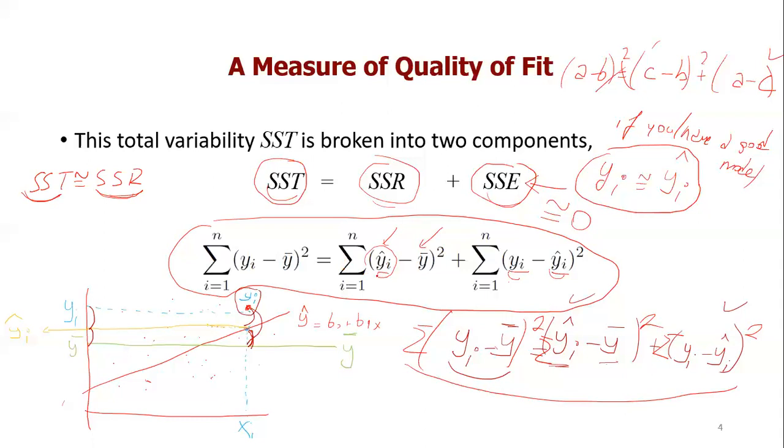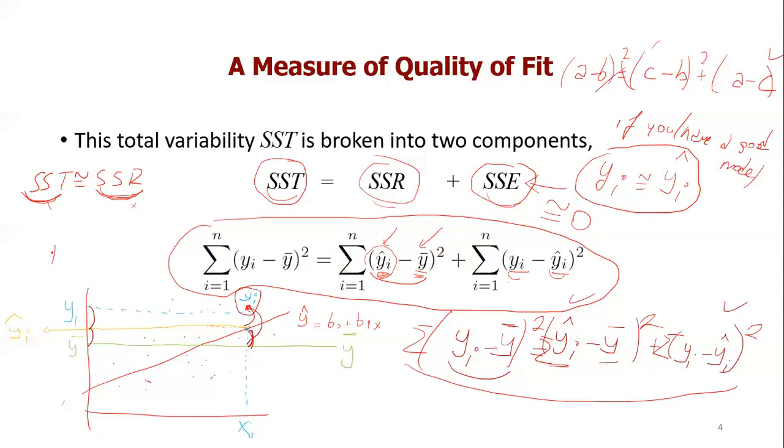This is the difference between your model's prediction and the grand average, or your model's average and the grand average. So this is the variability caused by the model. The variability caused by the model is almost equal to the natural variability. So what does it mean? You are able to explain the total variability with your regression model.